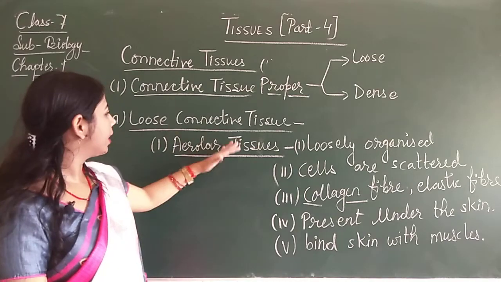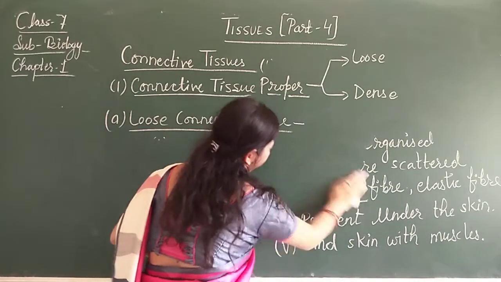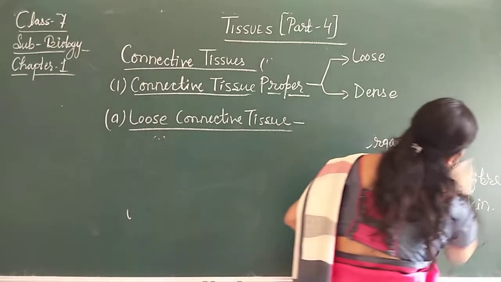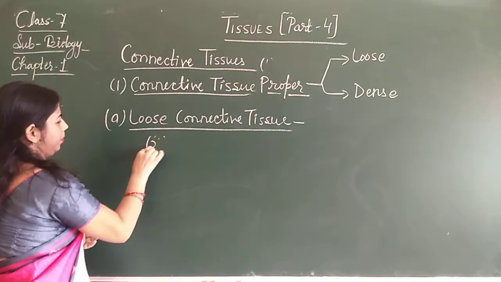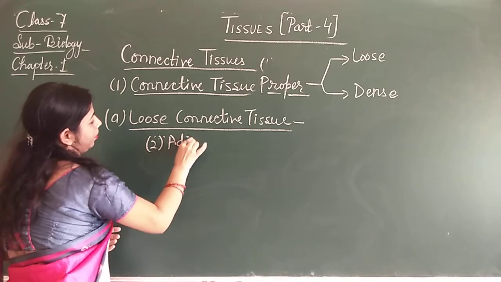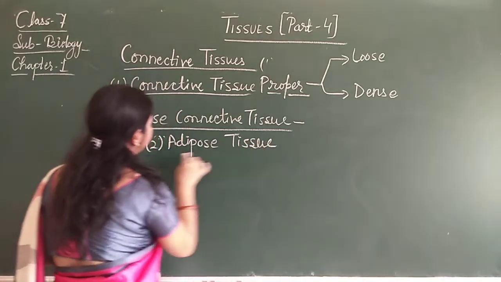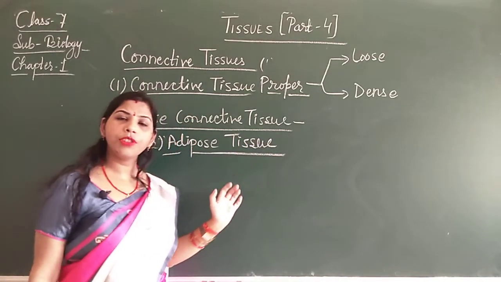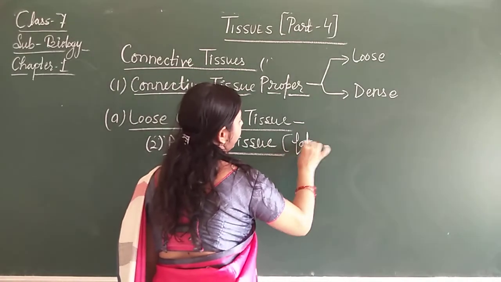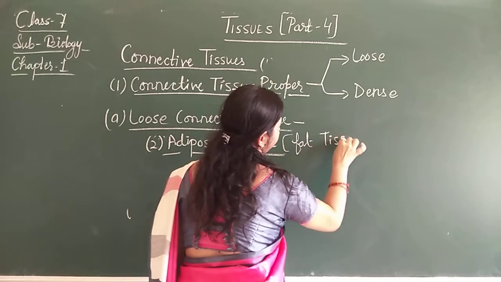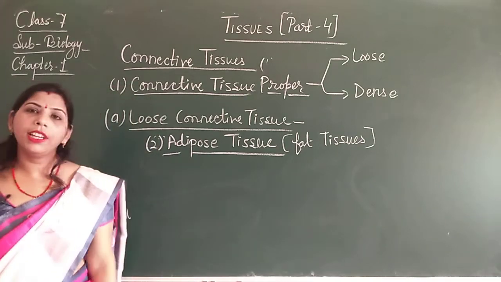Now let's see the other part of the loose connective tissue, the adipose tissue. This adipose tissue is also known as fat tissue. Why is it known as fat tissue?